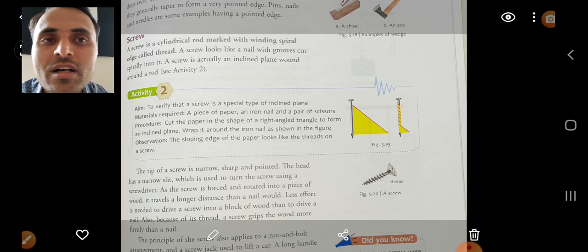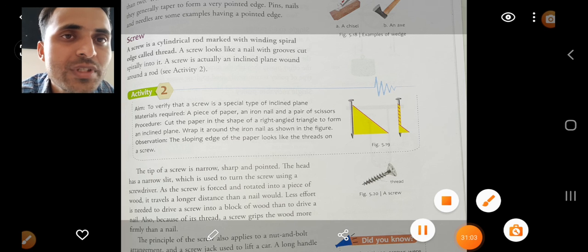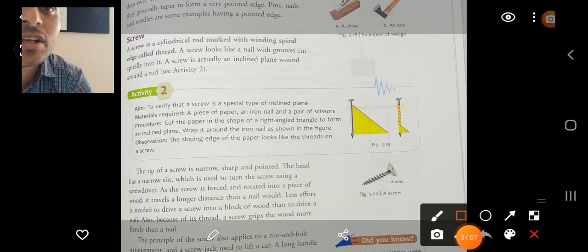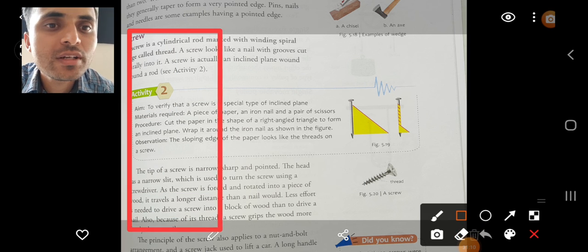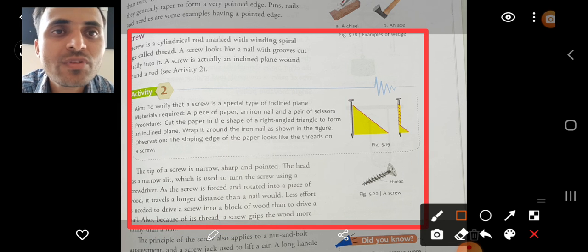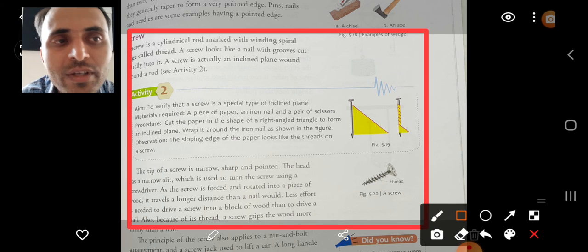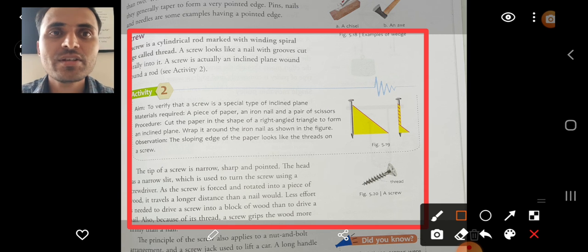Okay, a screw looks like a nail with grooves cut spirally into it. So this is the screw, and there is one very basic experiment to form the screw from an inclined plane.